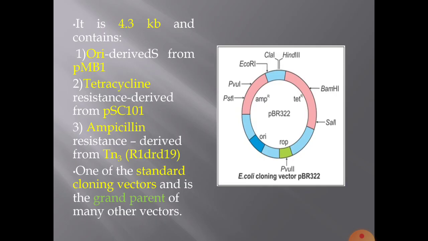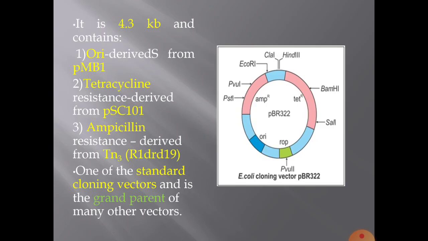So you can see it has a molecular weight of 2.6 Daltons and it has 4.3 kbp, and then you can make out in the tetracycline resistance gene region there is a site for BamHI, SphI, SalI.